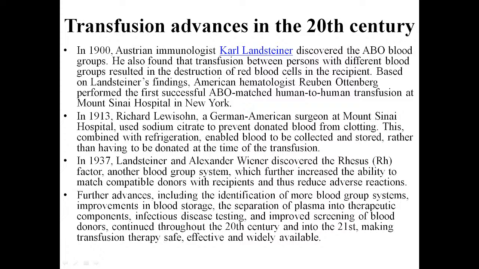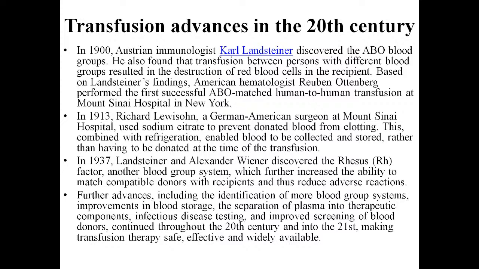And now the situation changed at the beginning of the 20th century. As you know, in 1900, the Austrian immunologist Karl Landsteiner discovered the AB0 blood groups.